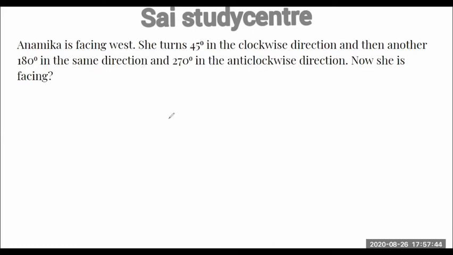That's our question. So we have to draw the primary and the secondary directions. The first time I have inserted the picture. This time we will draw. This is nothing but your north. Northwest, northeast, southeast, and southwest.